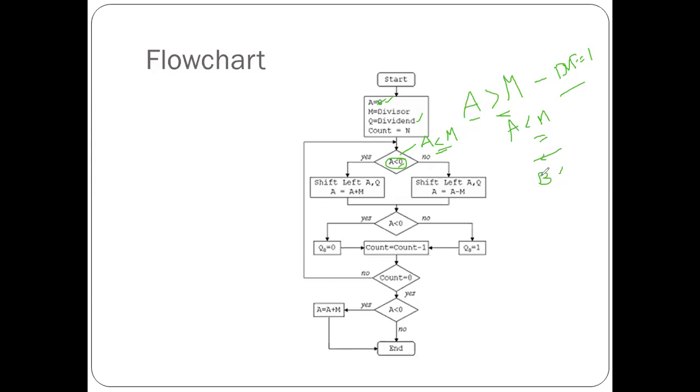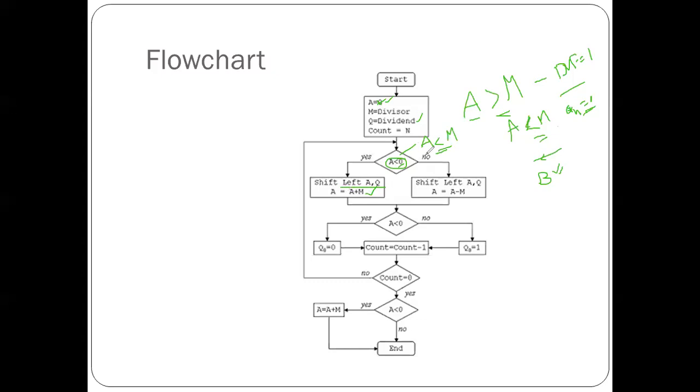This is in case of the restoring method. In case of the non-restoring method, if A is less than M, it means the previous Qn is equal to 0. We are adding the divisor to the partial remainder or the dividend. Okay. So we are shifting left and then adding the divisor to the dividend.